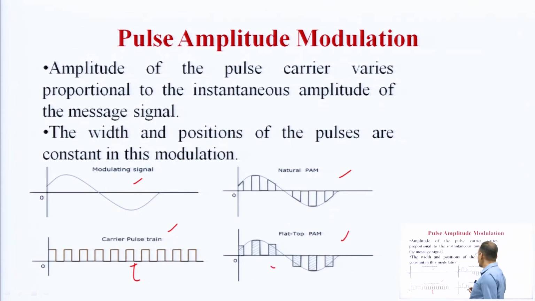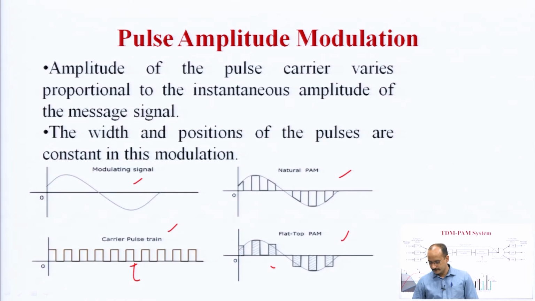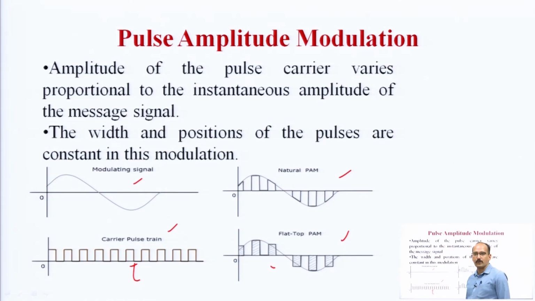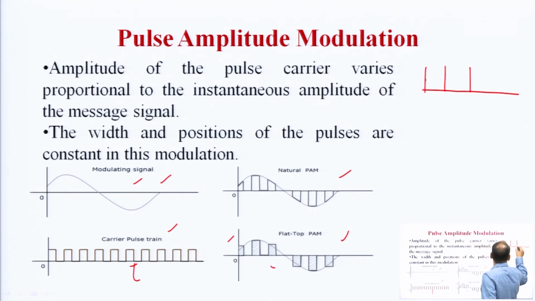To generate this flat top PAM, we have a different approach, that you can here easily understand. First of all you have to multiply this modulating signal with the impulse train, unit impulse train.